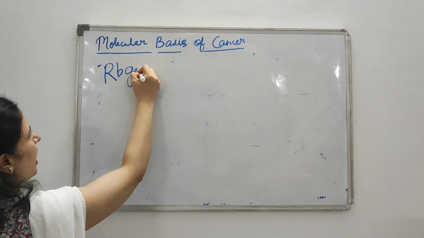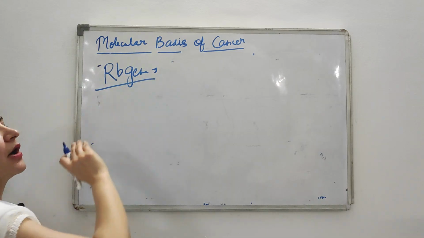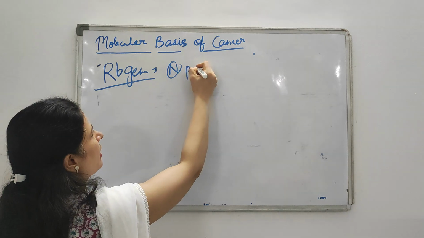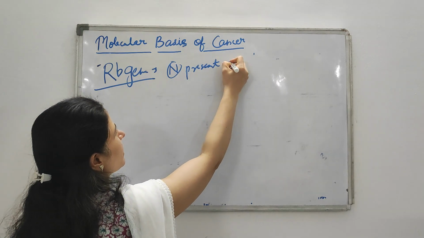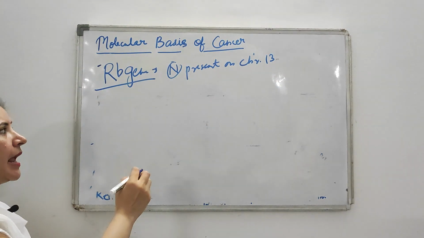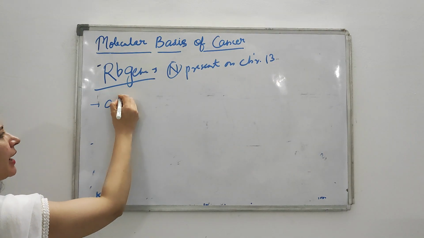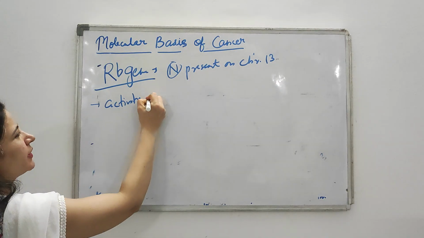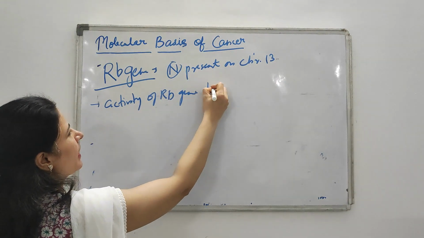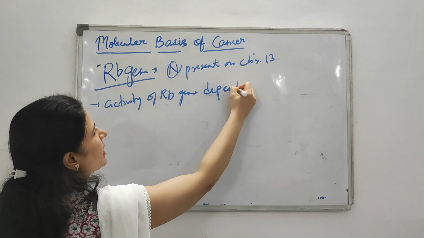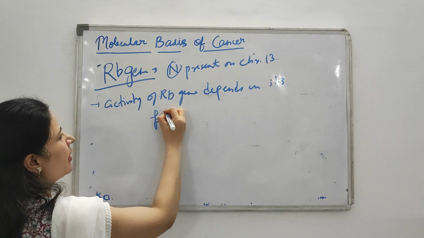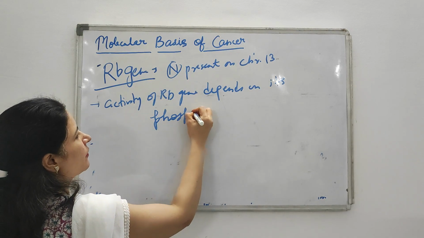So the RB gene. This is the retinoblastoma gene, and it is normally present on chromosome number 13. The important thing is that the activity of this RB gene depends on its phosphorylation state.